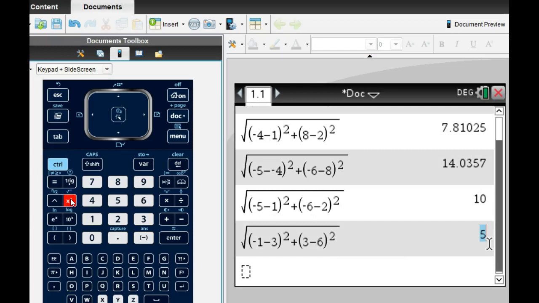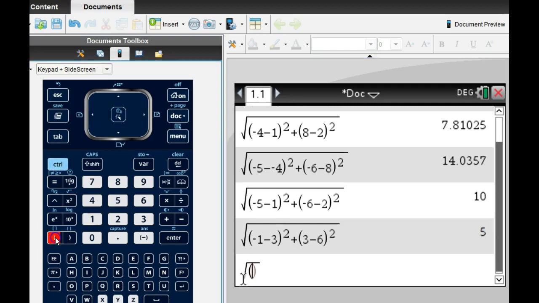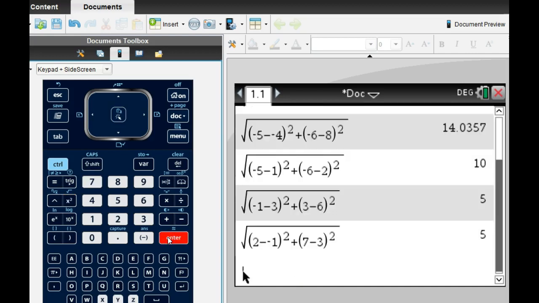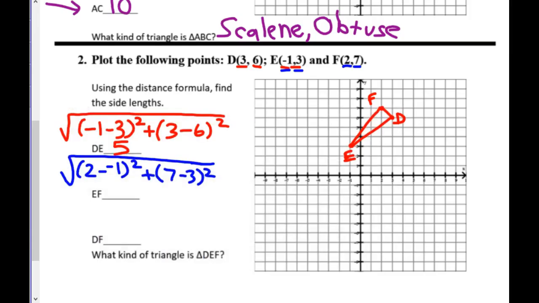Square root 2 minus -1 plus 7 minus 3 squared. And I get 5 again. What?